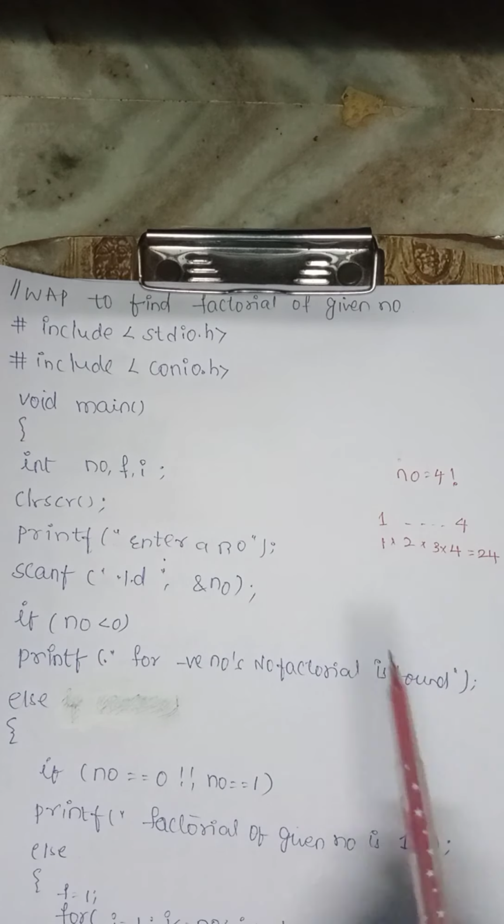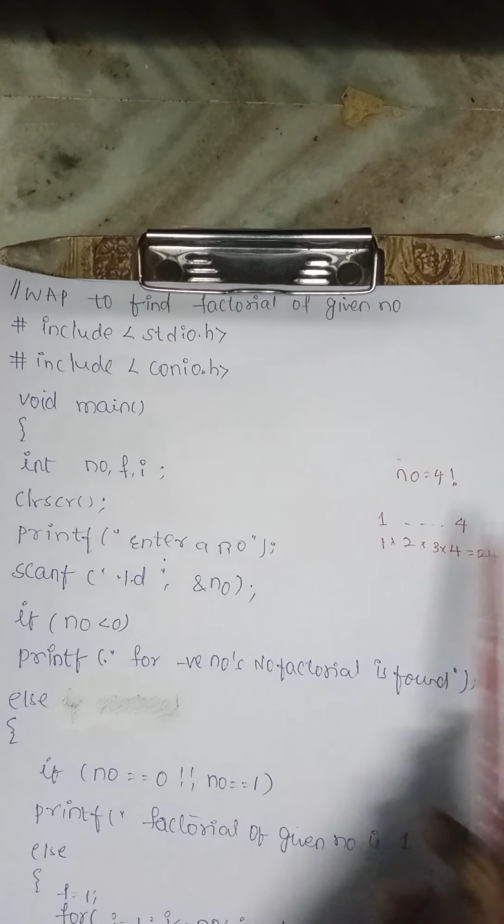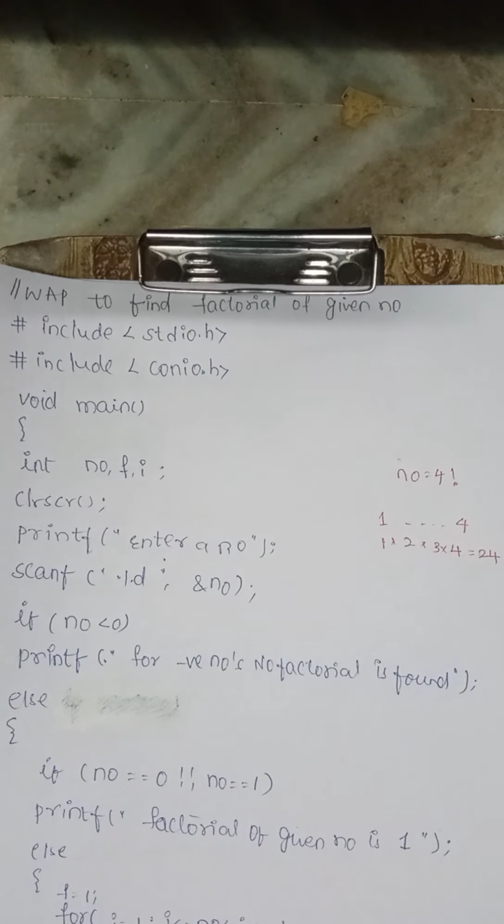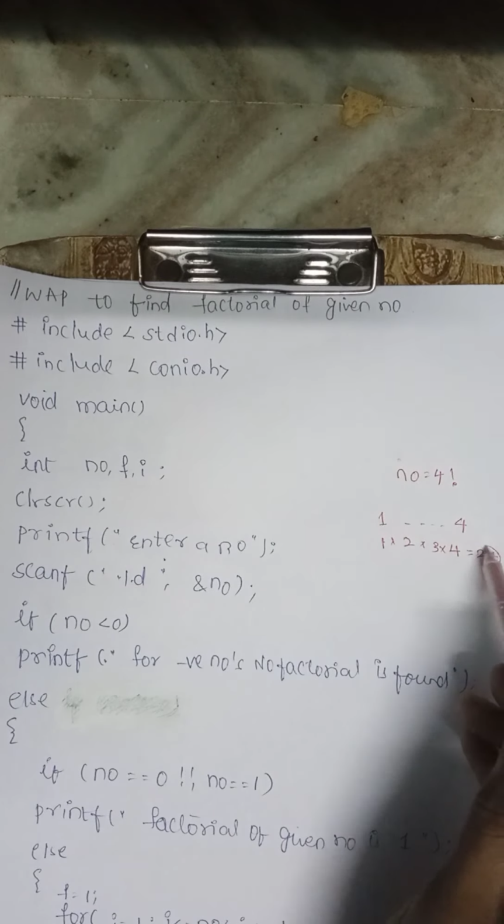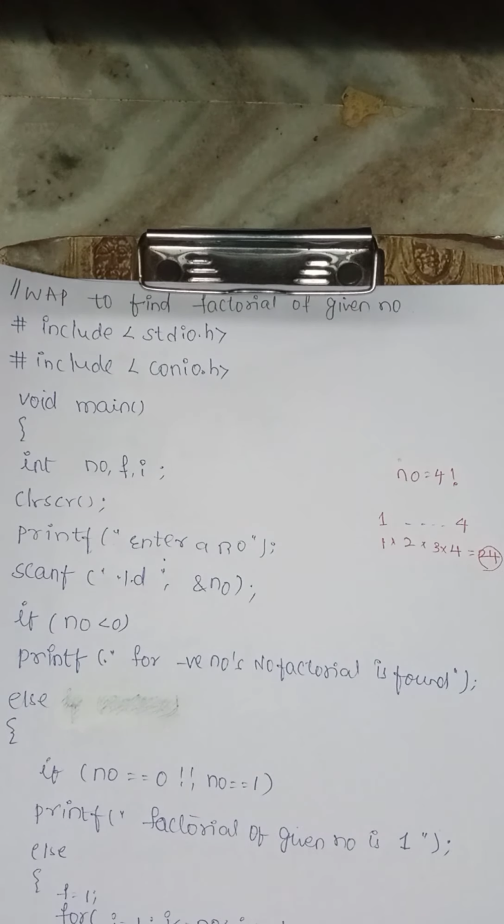That means we are incrementing the value each time until the given number. So we have to use a loop. For that loop we need a variable, and to calculate and store the value 24, we need one more variable.